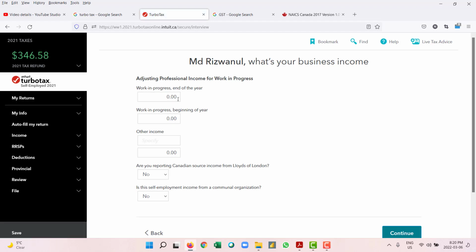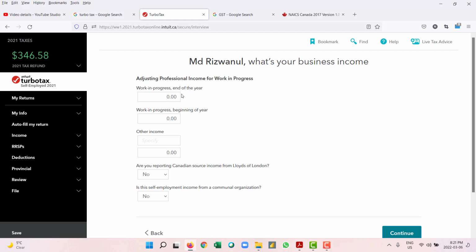Work in progress. This work in progress is for something like if you have a manufacturing company or any other things, such as in the garments manufacturing industry. Work in progress means that if 50% of your workforce is still under the manufacturing process, then it is called work in process.